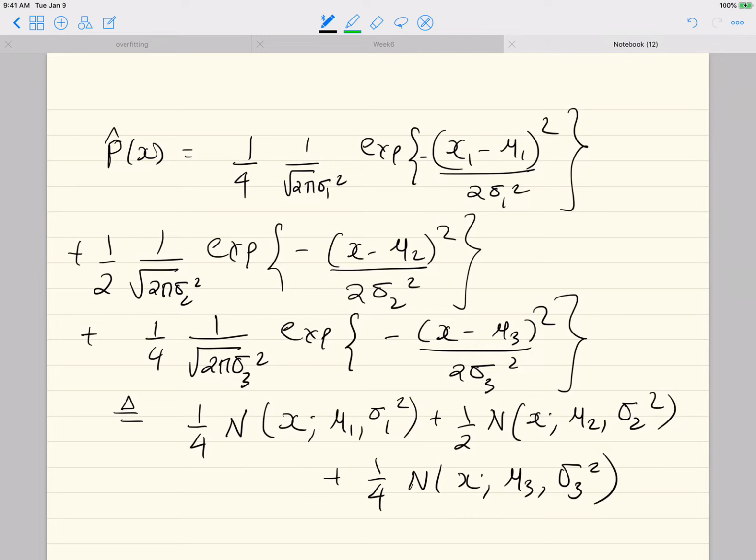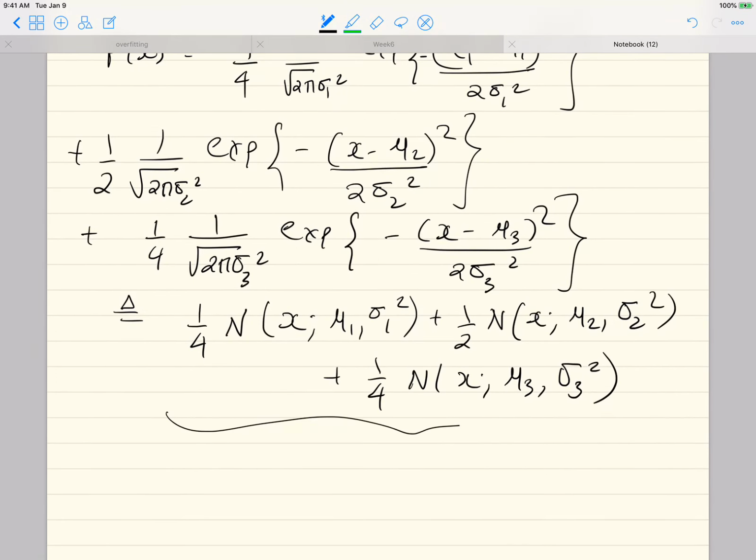It's just a short form for the previous form. These are all equivalent. I can draw that figure that sums them up, or I can write this analytical formula, or I can write it in short form in this way. They are all similar. And this is what is called a mixture of Gaussians.